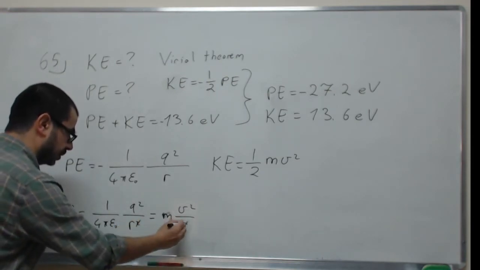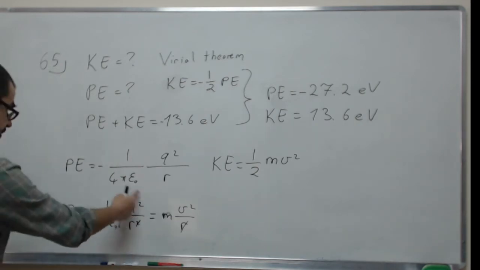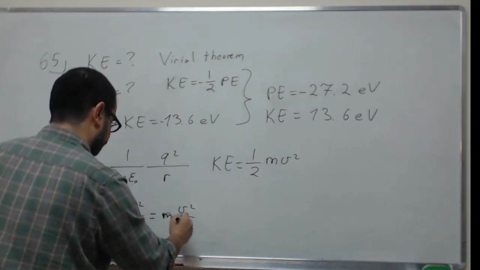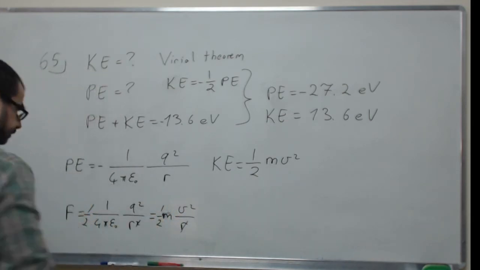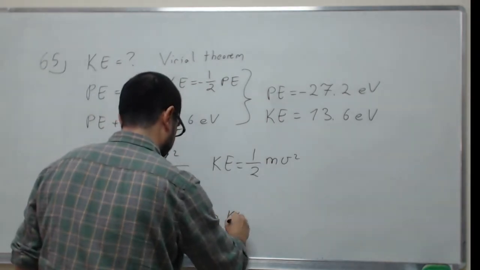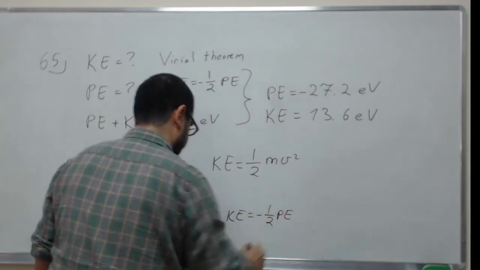This r square cancels this, and from this we can see that this is the expression for potential energy. So if I divide both sides by a half, it follows that kinetic energy is just minus a half potential energy.